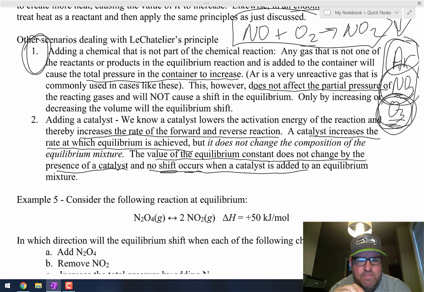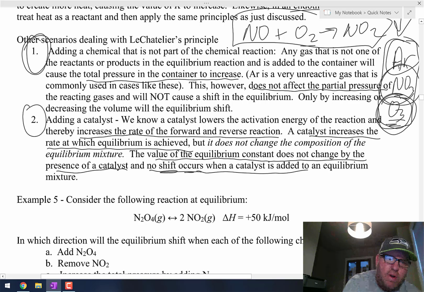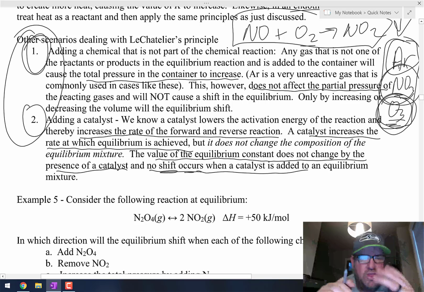That's it. Okay? So there's 3 main situations with Le Chatelier's principle. Adding or removing reactants or products, changing the volume of a container, whether it's a gas or an aqueous solution, and changing the temperature of a solution. Now, of course, these 2 also play a factor, but those are kind of the 3 big ones.